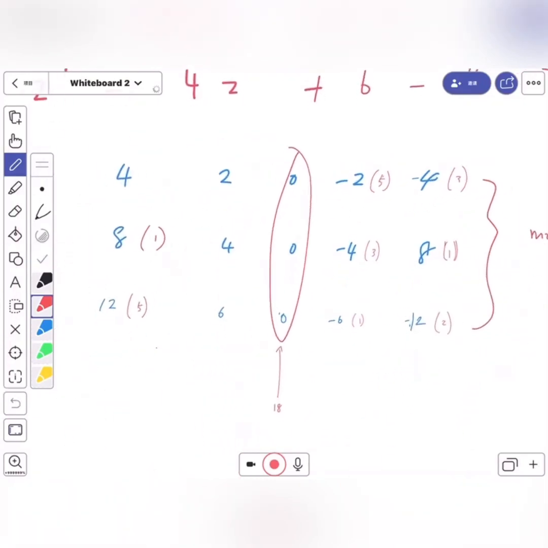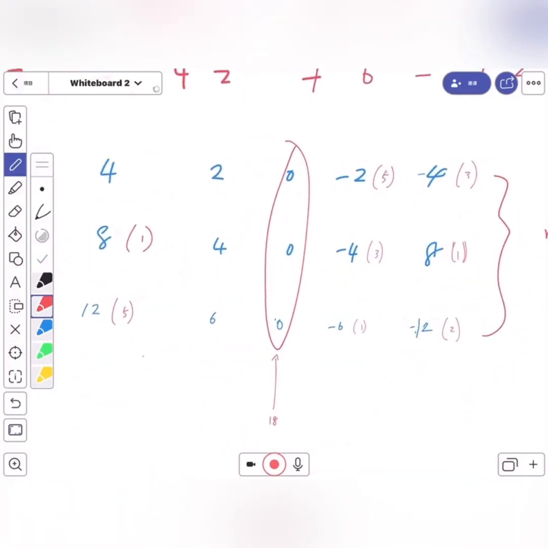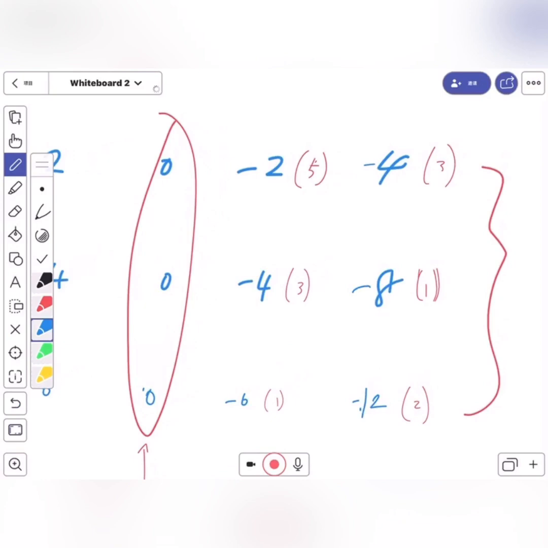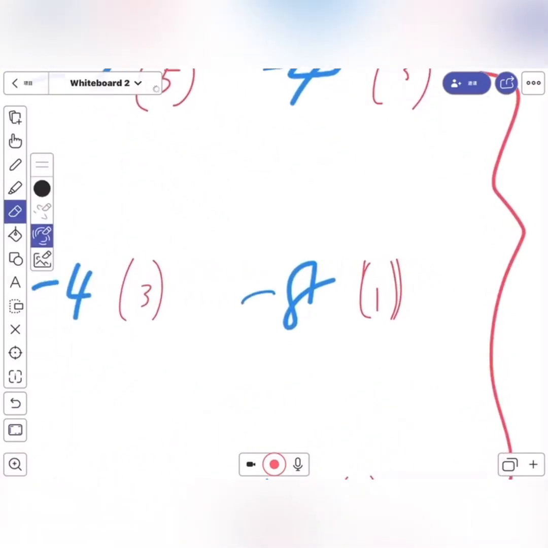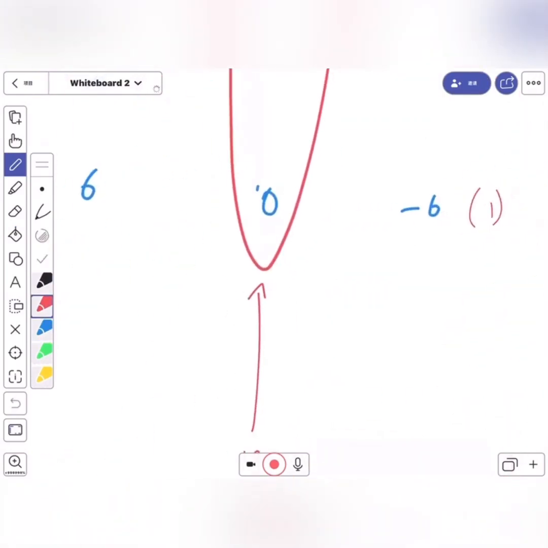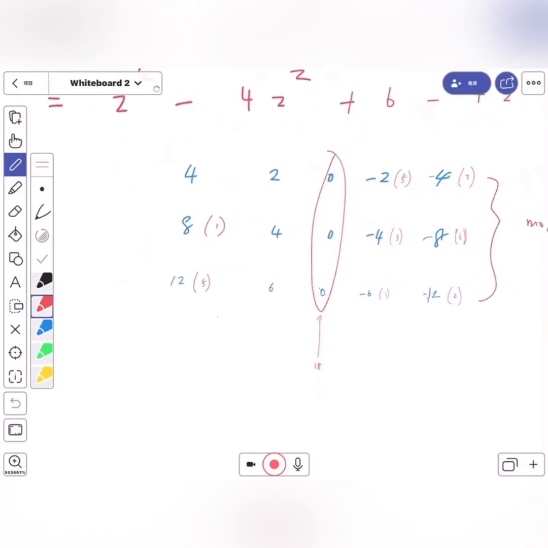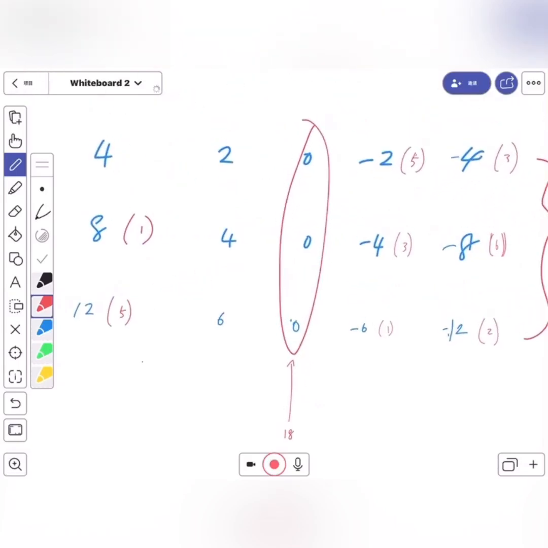So the things we subtract are 2, 5, 4, 3, 6, 1, and the things we add are 4, 3, well actually this is still negative 1, this is negative 8, so this is going to be 6. Sorry for this mistake.